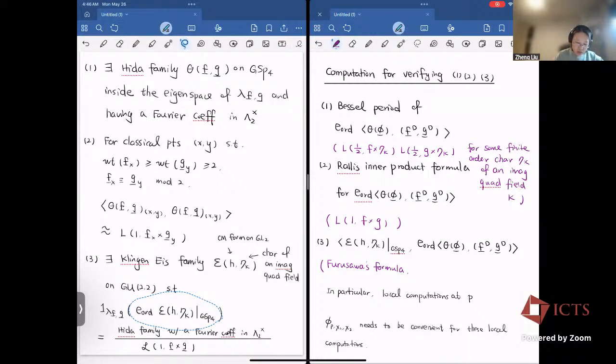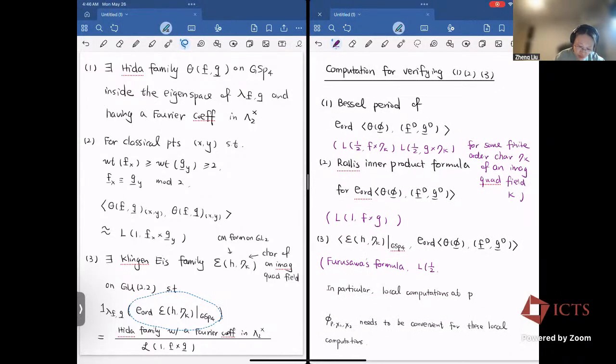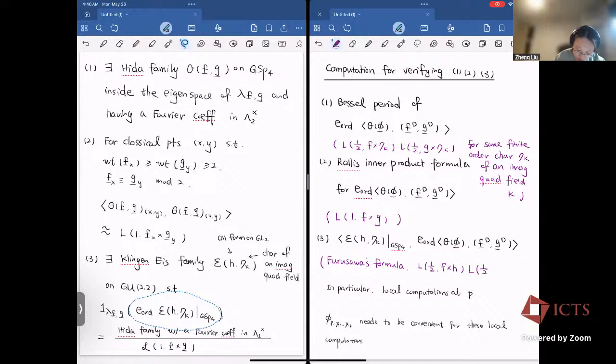We can arrange that this gives us the central value of the Rankin-Selberg L-function for F and H, times the Rankin-Selberg L-function of H and G. Here H is a CM form, and we pick a suitable CM form H to make sure that we can get the unit. So that's the computation we need to do.